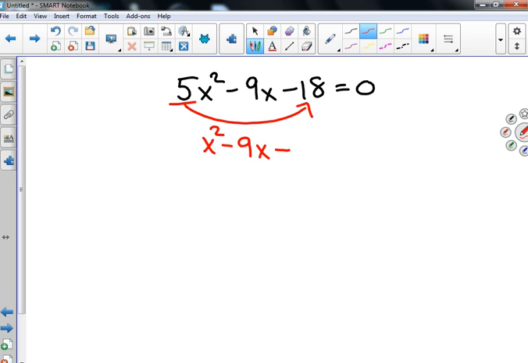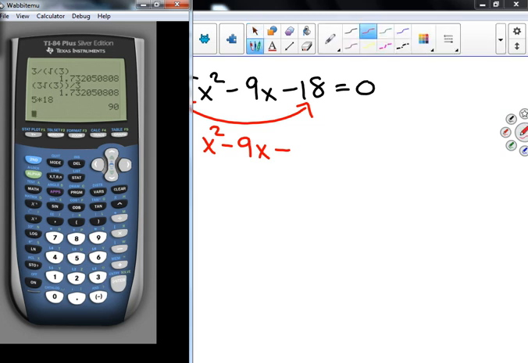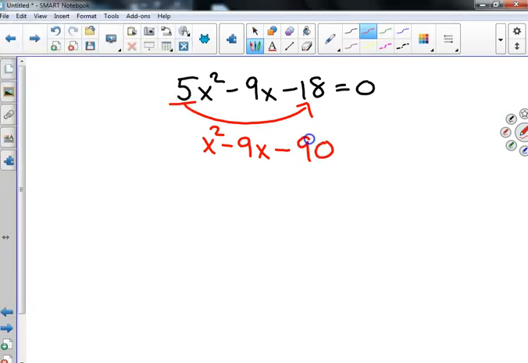Let me use my calculator. 5 times 18. Okay, so now I have my A term as 1. Hopefully I can easily factor this.